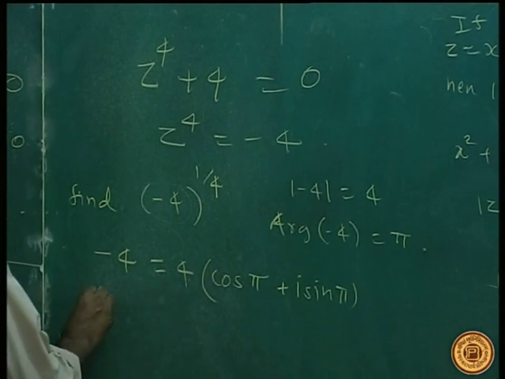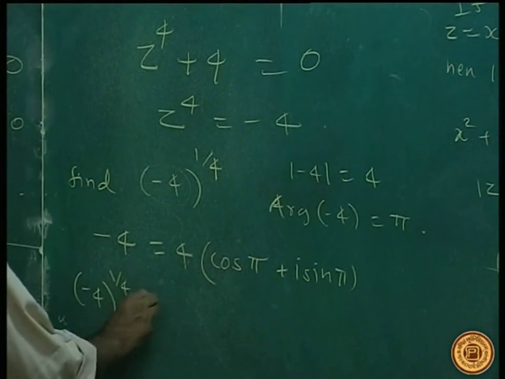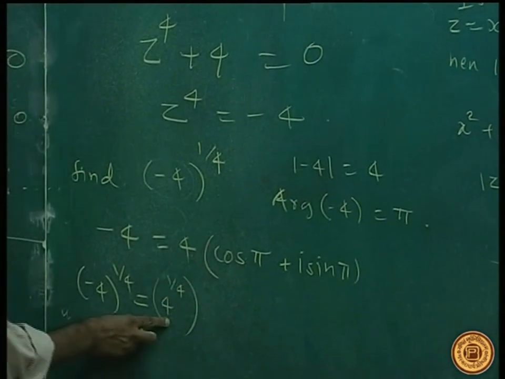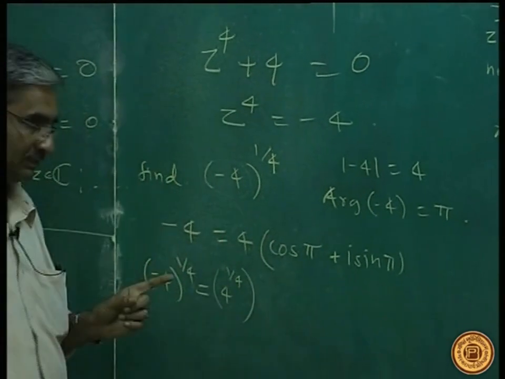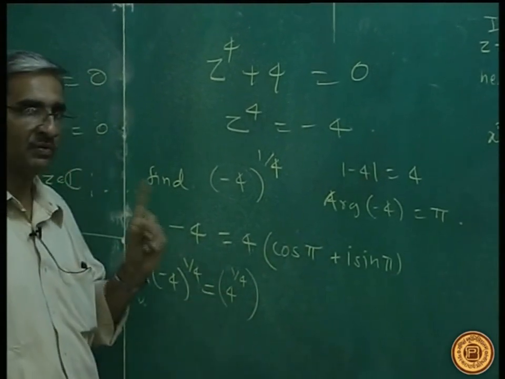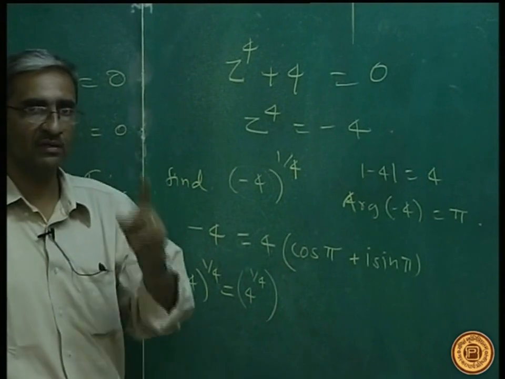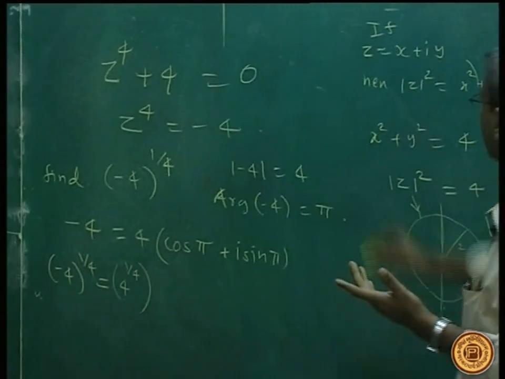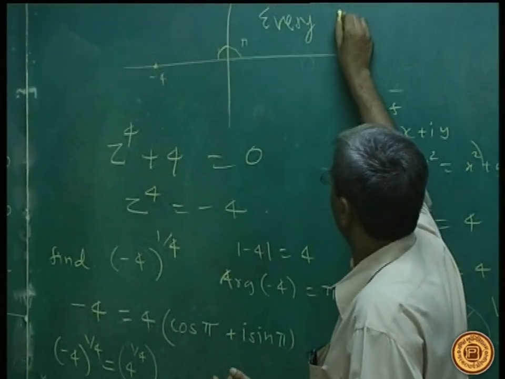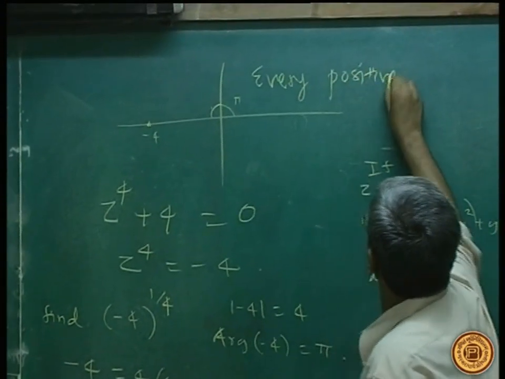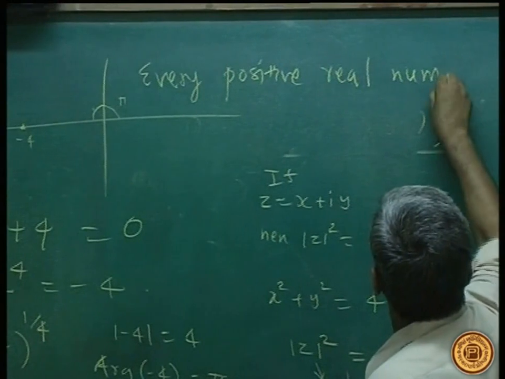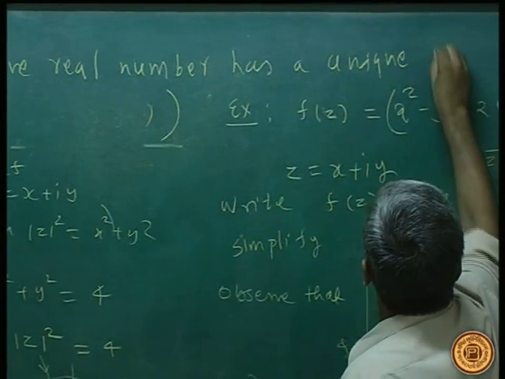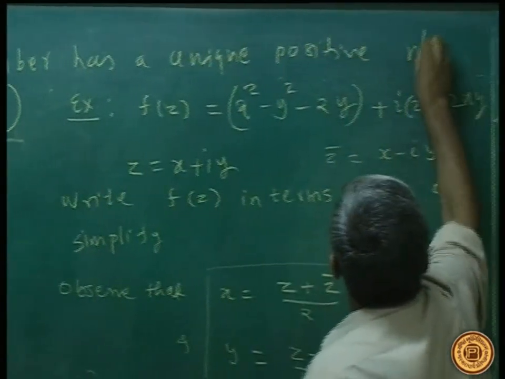Once you have this, these 4th roots are given by 4 raised to 1 over 4. Now what is this? This is the real 4th root of 4. Every positive real number has a unique positive nth root.